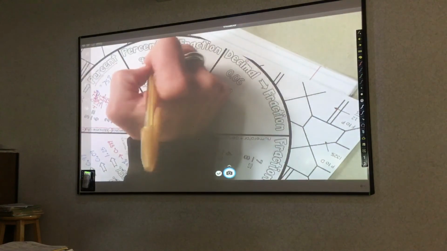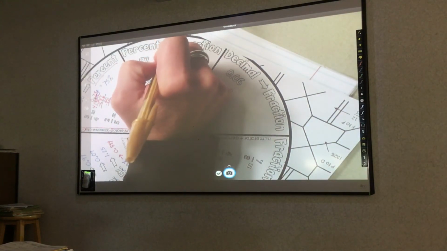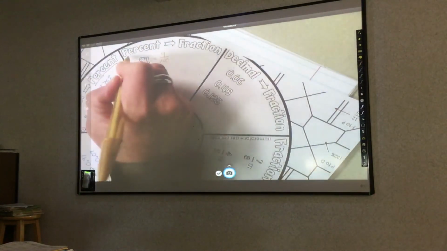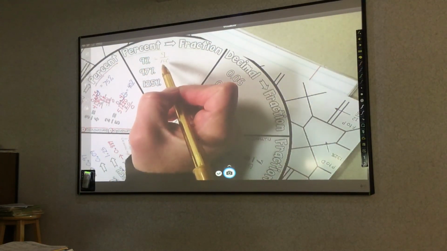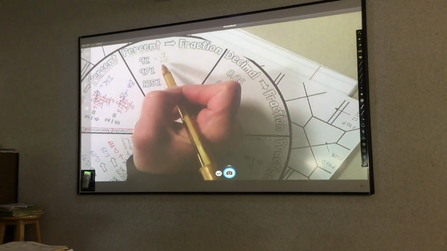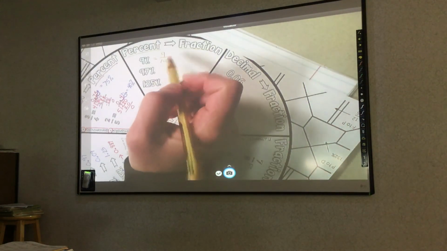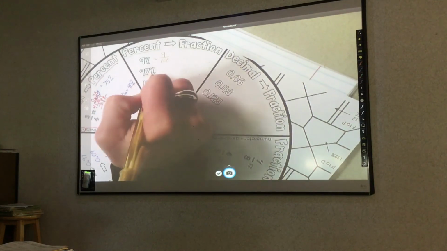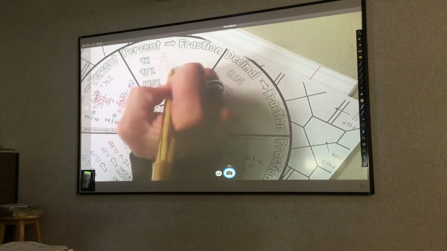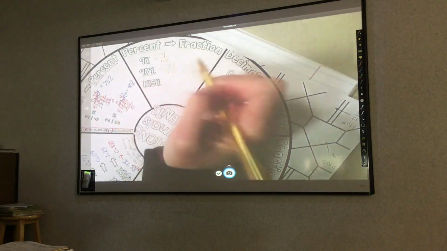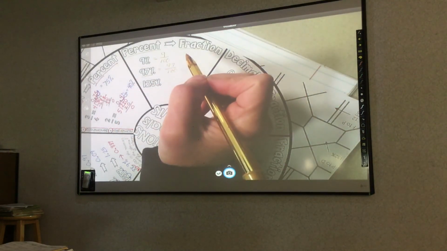So I'm going to make that 9 over 100. Then I need to reduce that. Can I reduce 9/100? Nope. 97% is 97 out of 100. I can't reduce that either.